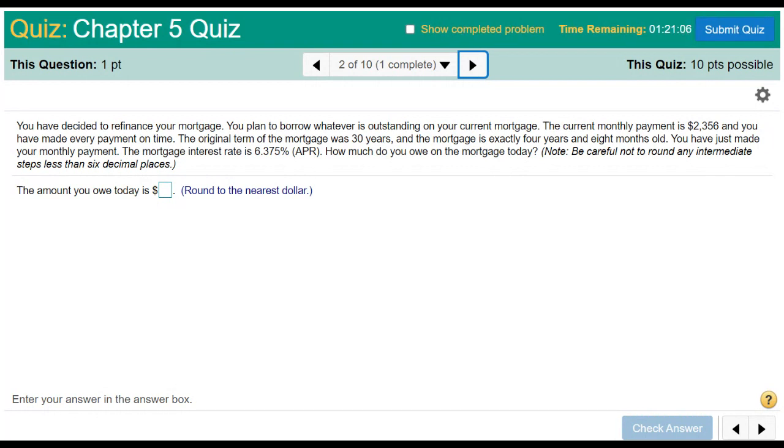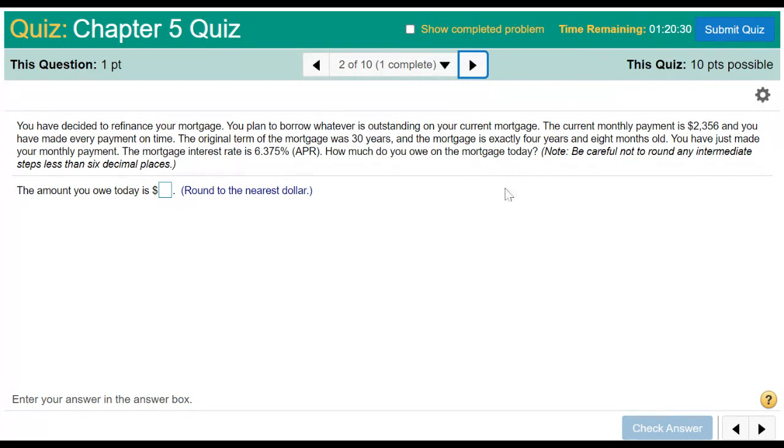So 4 years is 48, and 8 months makes that 56. So you owe 304 months. 4 years is equal to 48 plus 8 is 56, and 360 minus 56 is 304. So now we're trying to calculate how much you owe.